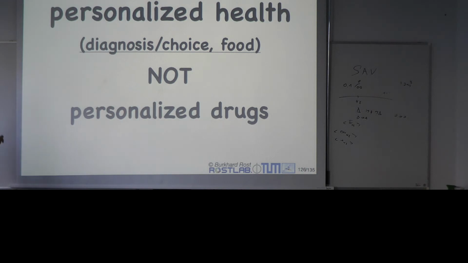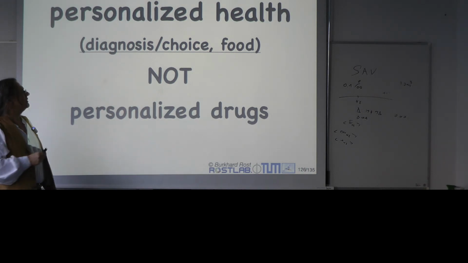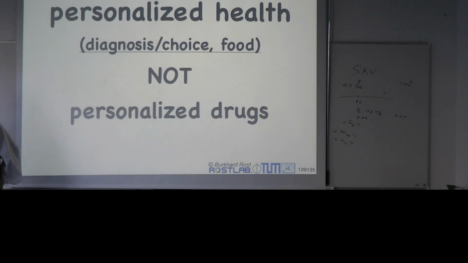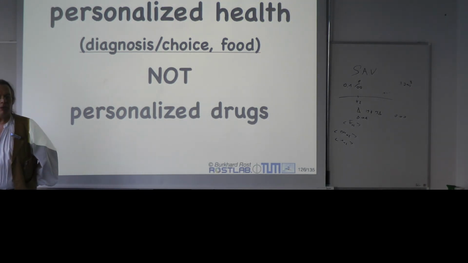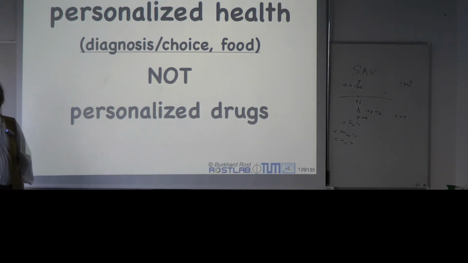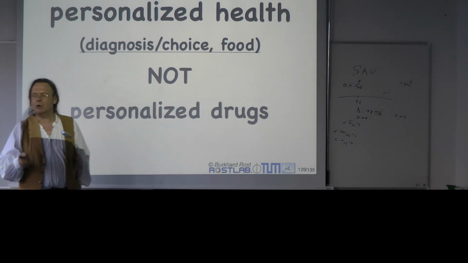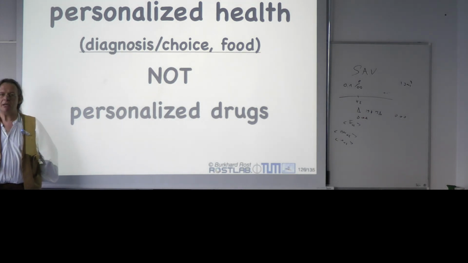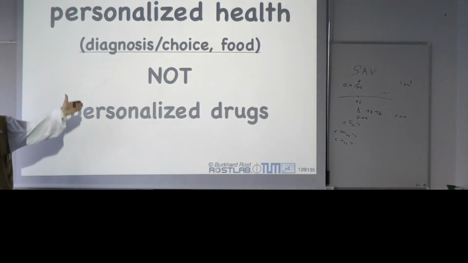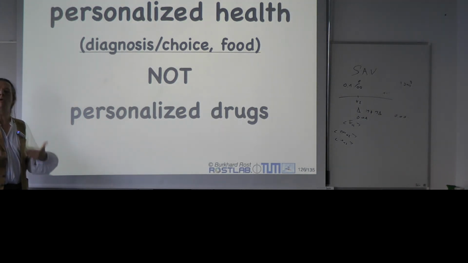It will be a genotype-specific diagnosis, choice of drugs and food, lifestyle, ultimately. We will choose, and that happens already today. You all talked about cancer, where there are choices of the type of cocktail you get. That is genome specific. That happens already, right? And those are the kinds of things that happen already today, and that will happen more and more.